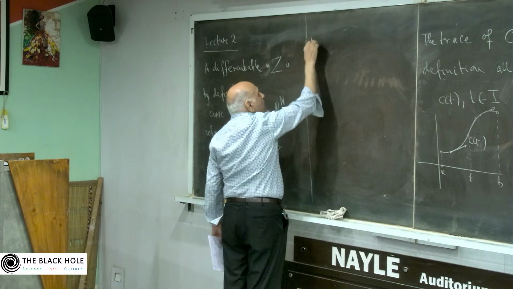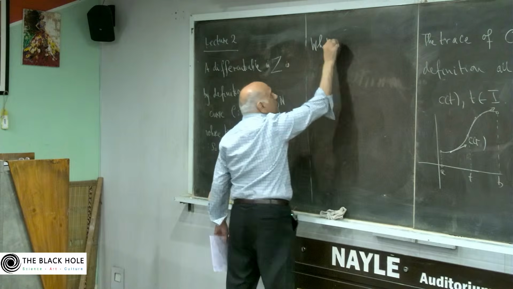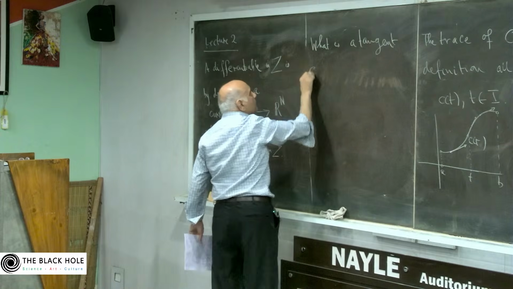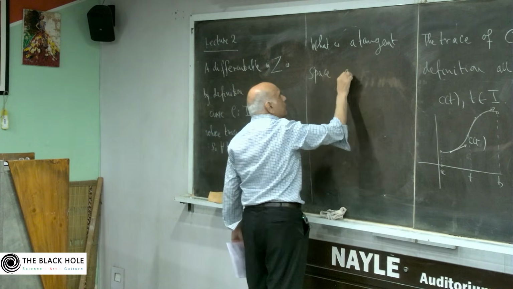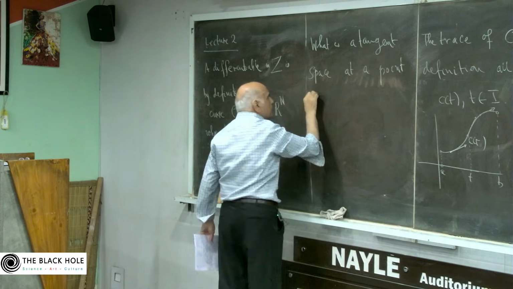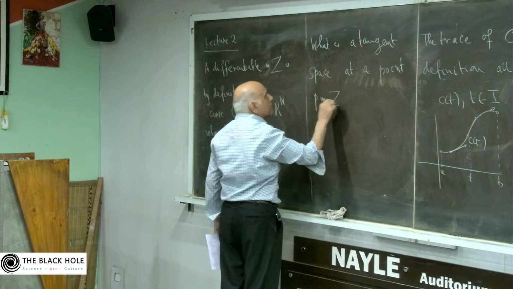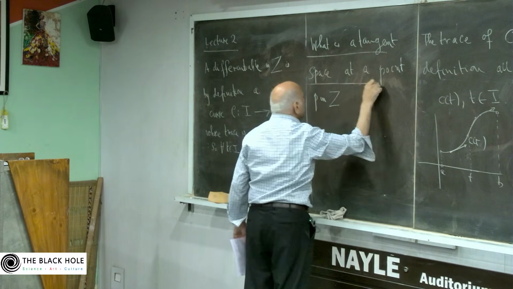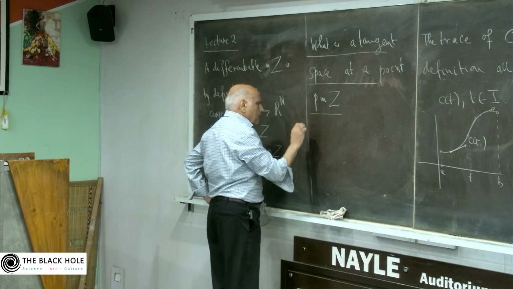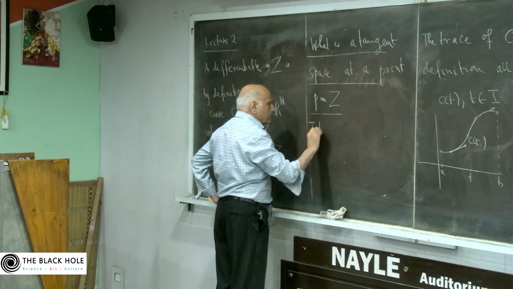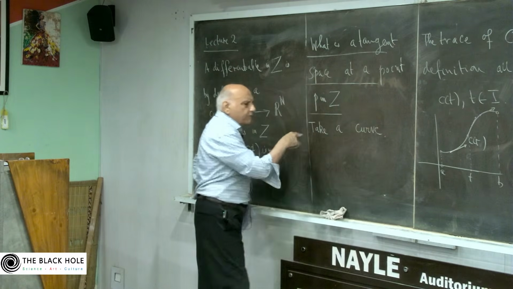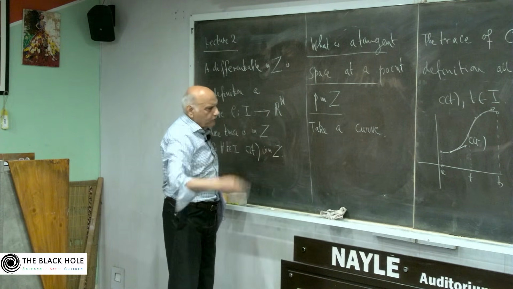What is the tangent space at a point P of Z?